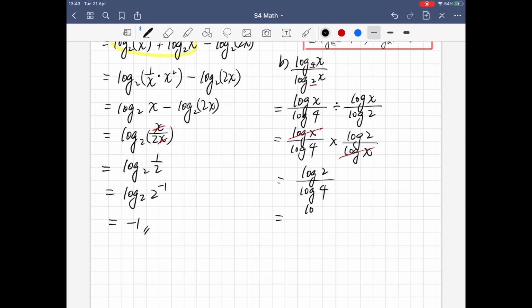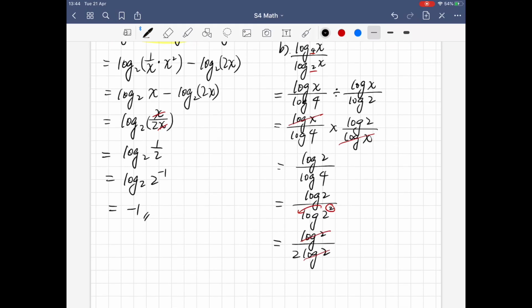Okay, and for the log 2 we just keep it here, but for the log 4 we can convert it into log 2 to the power 2, and for the 2 we can put it in front of the log, so that we have log 2 over 2 log 2. And finally, we can cancel out the log 2, and the final answer will be 1 over 2.